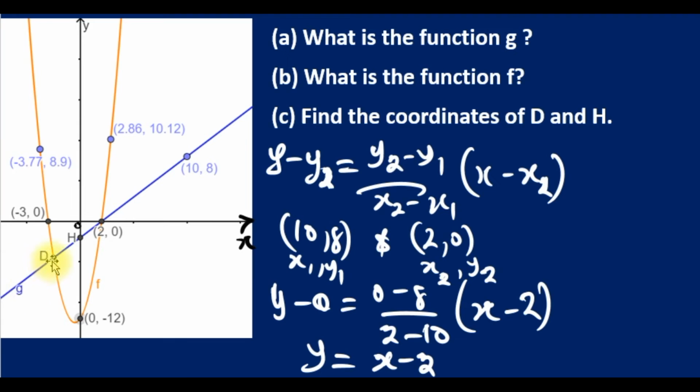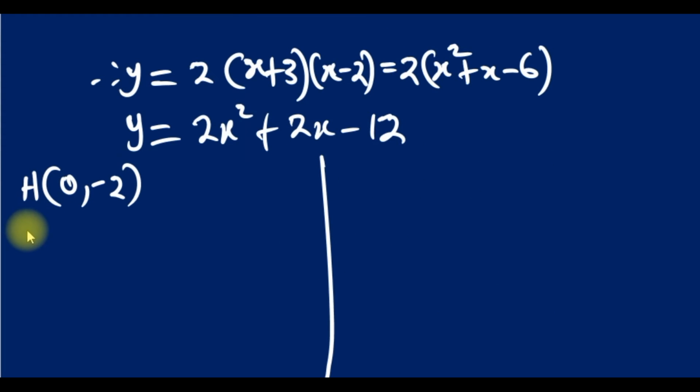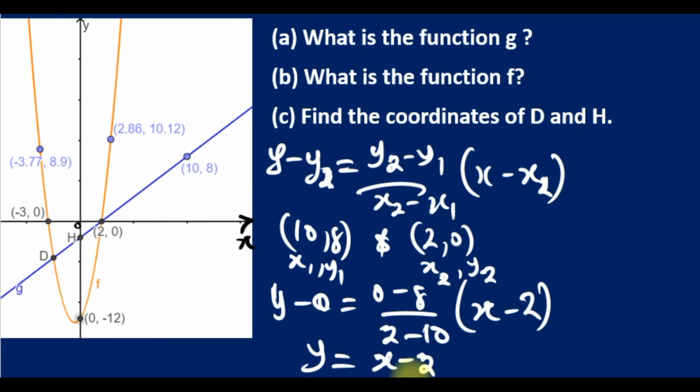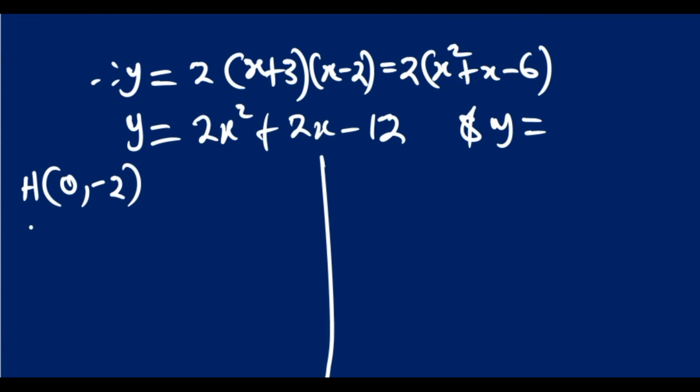So the next one is the coordinate of D. As you can see, the coordinate of D is just the point of intersection of this curve and the line. So we need to equate the equation of the curve and the equation of the line. The line is y equals x minus 2.